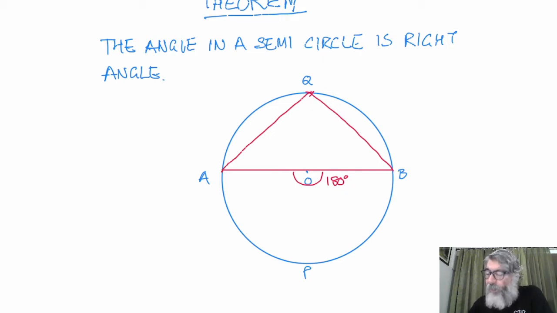The same arc, according to the double angle theorem, will make angle AQB 90 degrees. So the angle in a semicircle is always a right angle. This is actually a corollary of the double angle theorem.